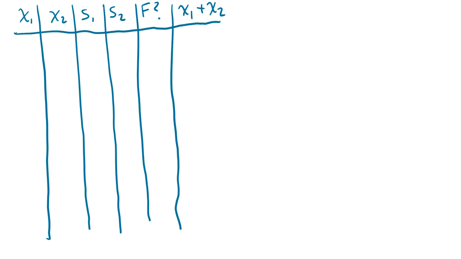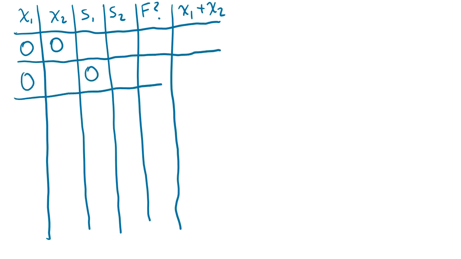So now we need to do our zeros. So for our zeros, remember, start with x1 and x2, x1 and s1, x1 and s2. We're done with x1, so we move on to x2.